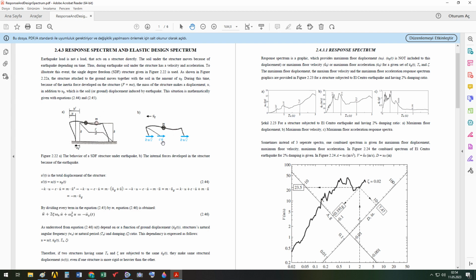You see the damper's internal force is proportionate with the velocity. The velocity which develops in the damper, the displacement which develops in the column. So the distance in the deformed geometry of the columns top and bottom ends is U much.